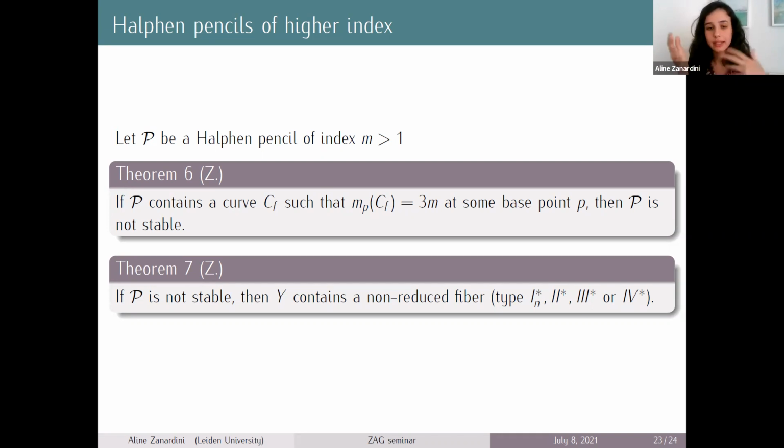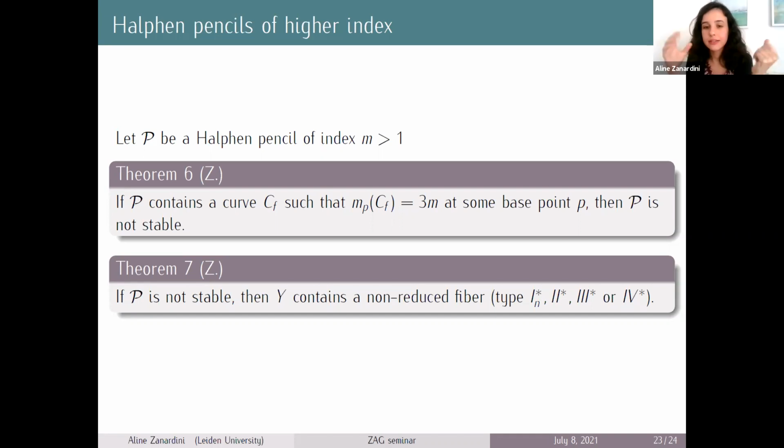And it turns out that these two statements hold. The first one: I can show that if the pencil has a curve with multiplicity at some base point equal to 3 times m, then the pencil is not stable. And the second statement is the following: if my pencil is not stable, then the elliptic surface has to contain a non-reduced fiber.